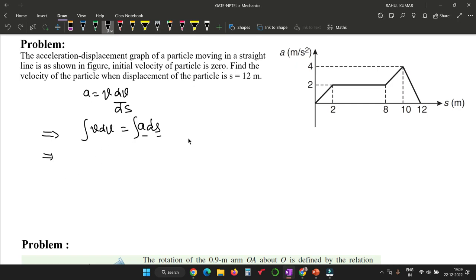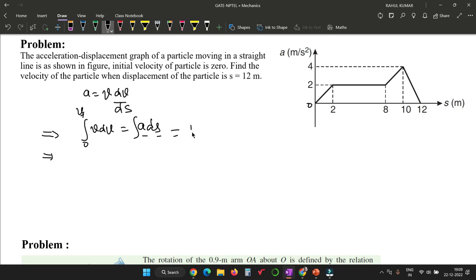If you integrate from the initial velocity, which is given as 0, and you want to determine the final velocity, you have to integrate the a-s diagram from 0 to 12.